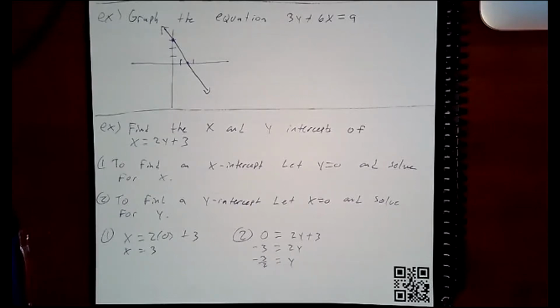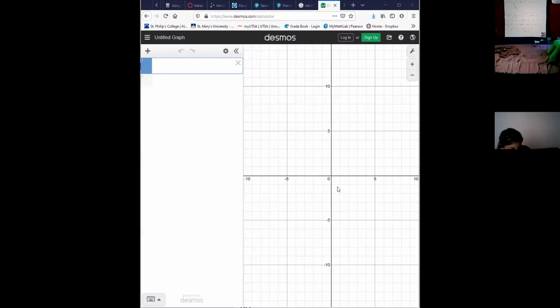Let's try it out. So x equal to 2 plus 3. There is one intercept. So we found it.